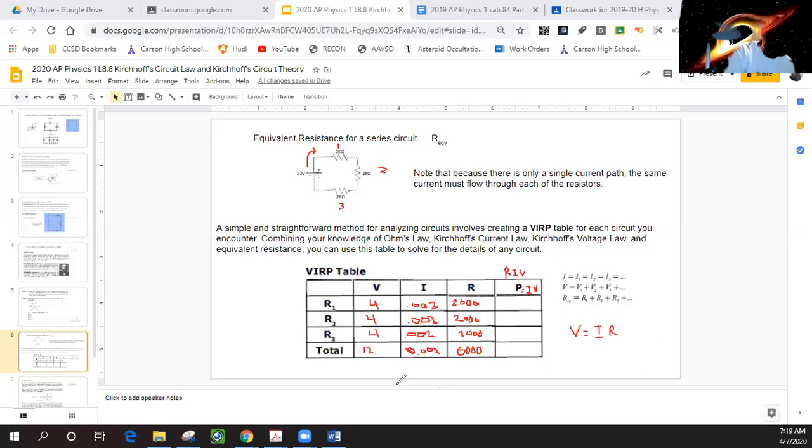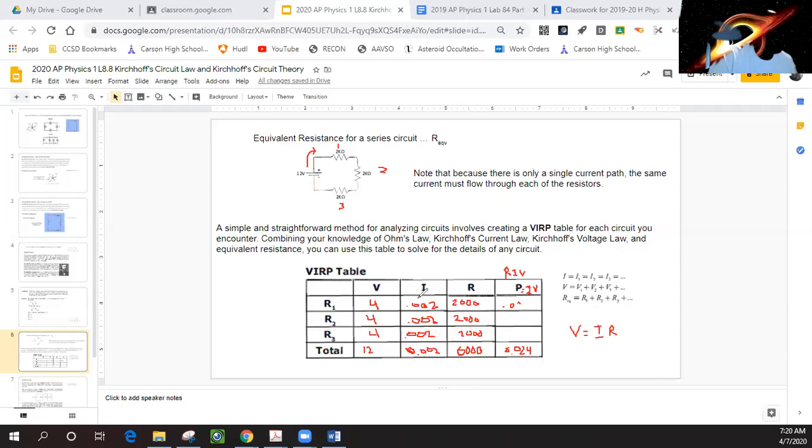0.002 times 12 gives us 0.024 right here, and this is also 0.024.